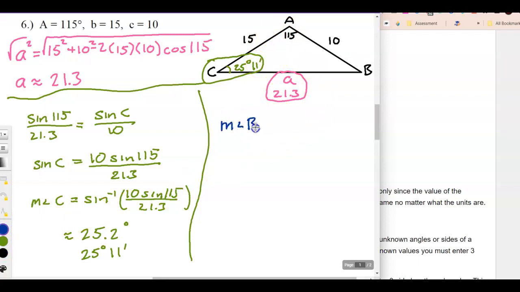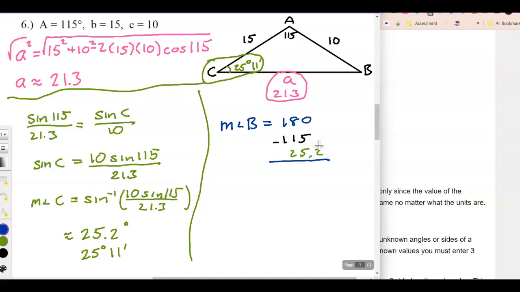So the measure of angle B will equal 180 minus my two other angles, which were 115 that was given to us, and then minus the 25.2 that we just found. So we have 180 minus 115 minus 25.2.